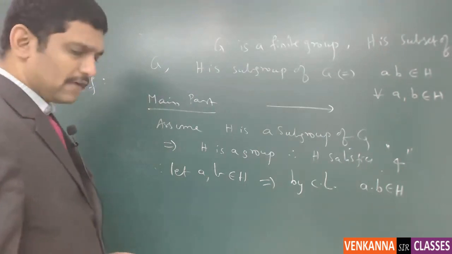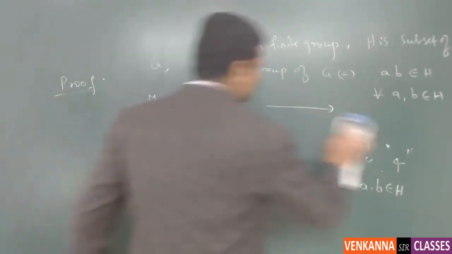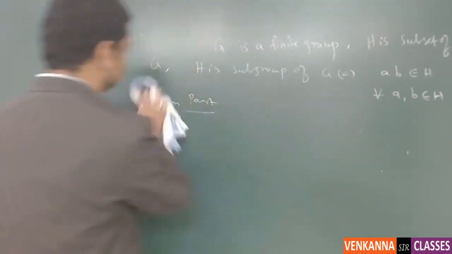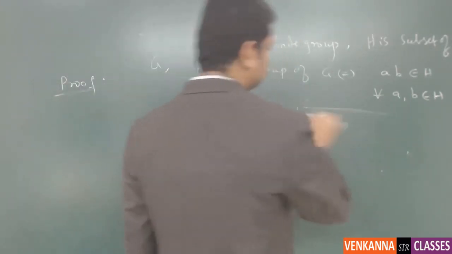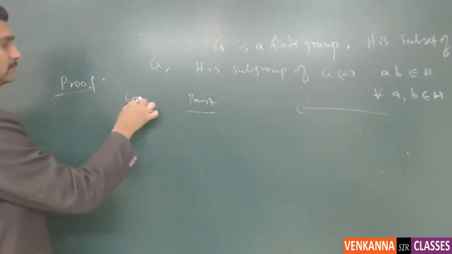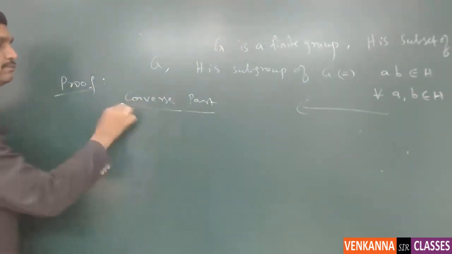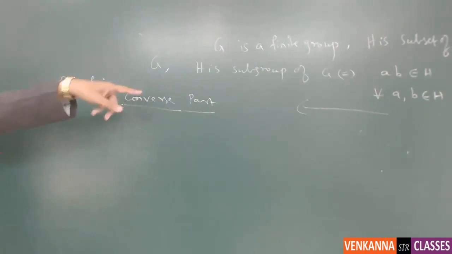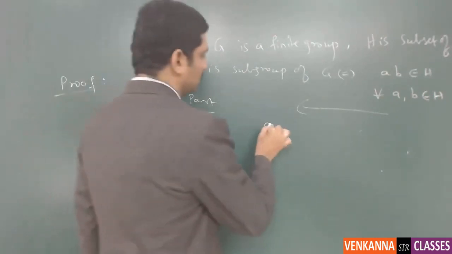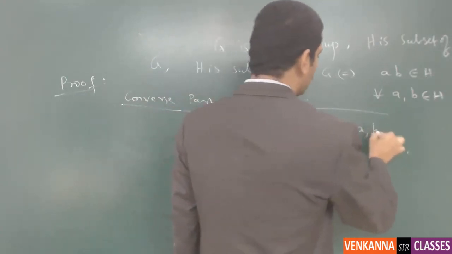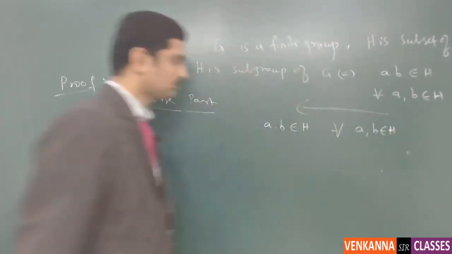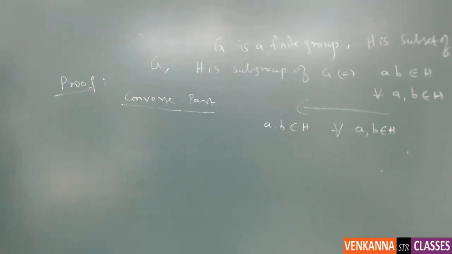Now, the converse part is, you are moving in the other direction. So you are assuming that AB belongs to H for all A, B belongs to H. Please understand that whatever the elements you take, it satisfies the closure law.